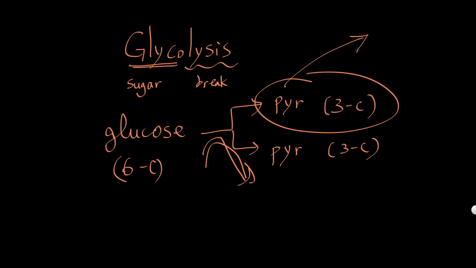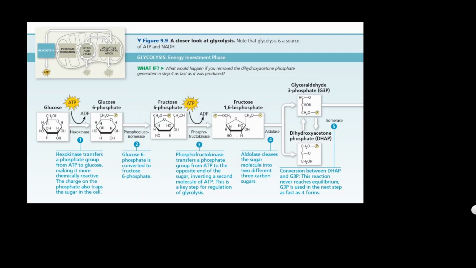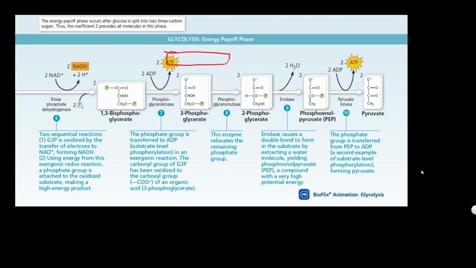Okay, so let's look at the glycolysis in more depth. Here we go. Alrighty, first of all, glycolysis is a 10-step process, and it's broken into the energy investment phase, and then the next step is the energy payoff phase.